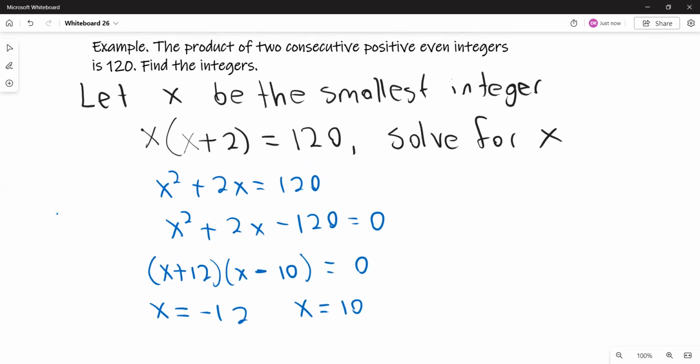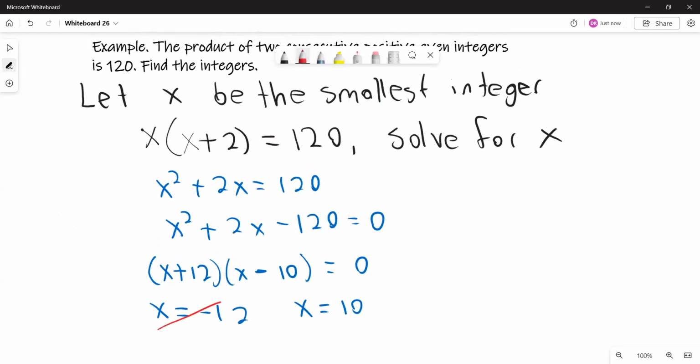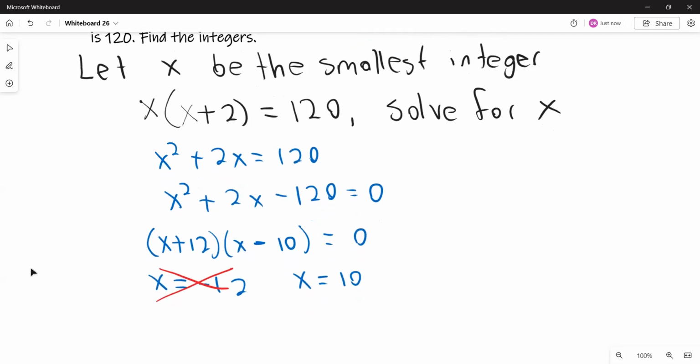Now the integers must be positive, so we are going to disregard the negative number. So x equals 10 is going to be the solution, and the integers are 10 and 12.